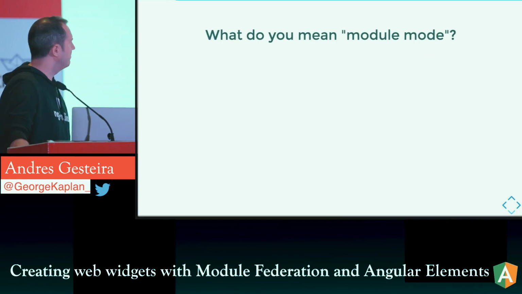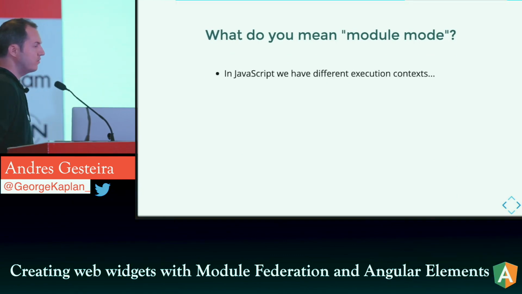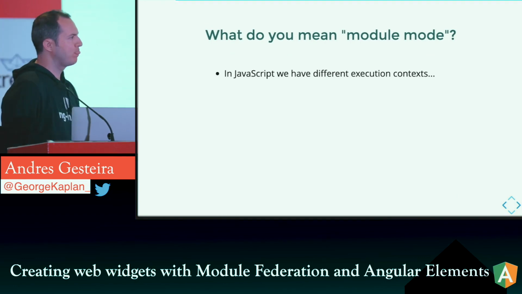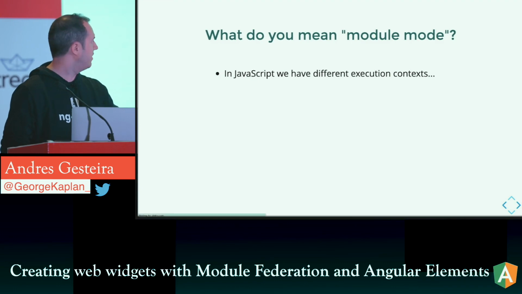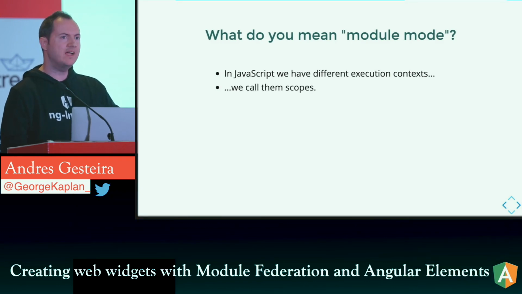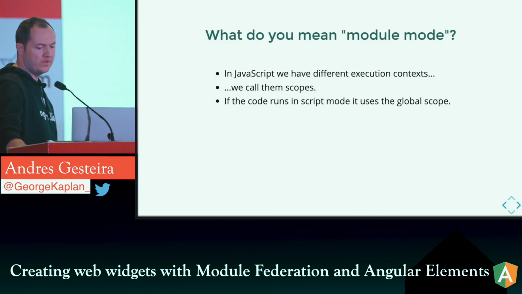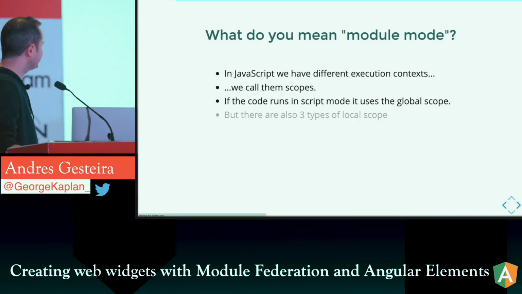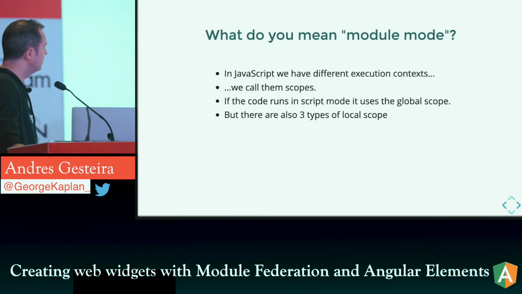So what do I mean by module mode? What is that, right? In JavaScript, we have different execution contexts, and we know them as scopes probably, right? So you may have heard about the global scope that runs when the script is running in script mode. But there are also three other local scopes.